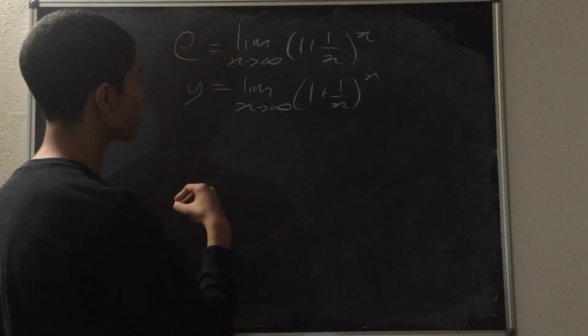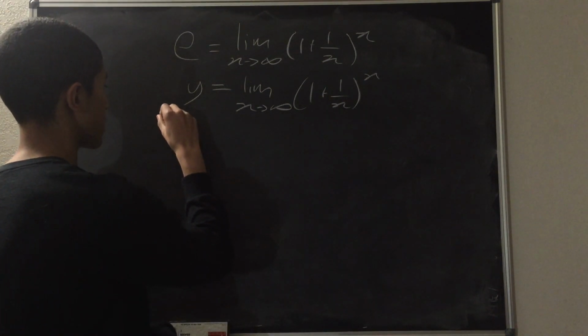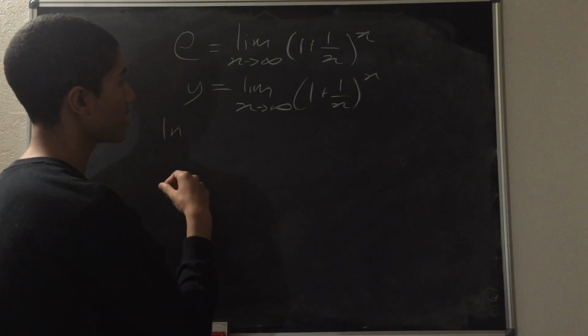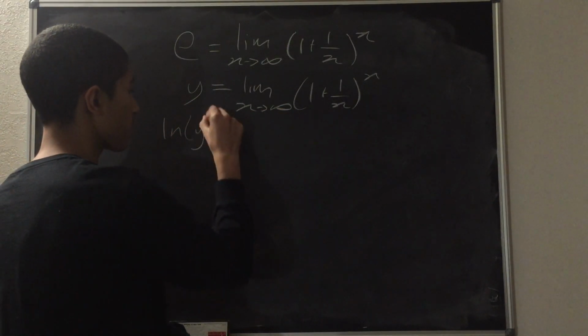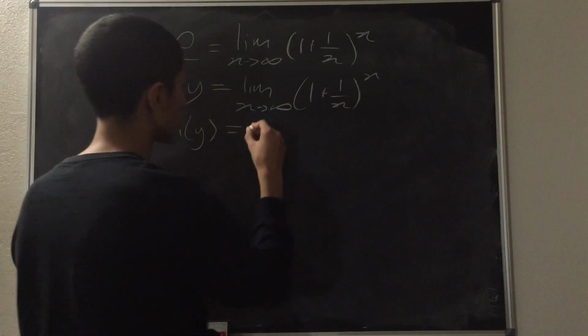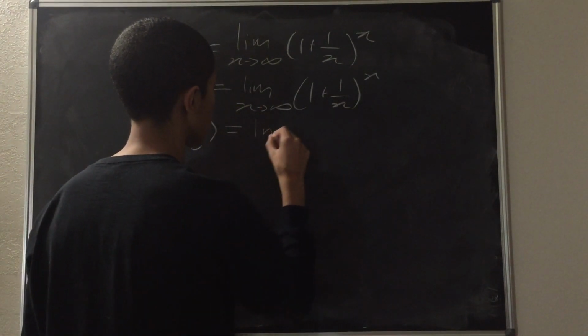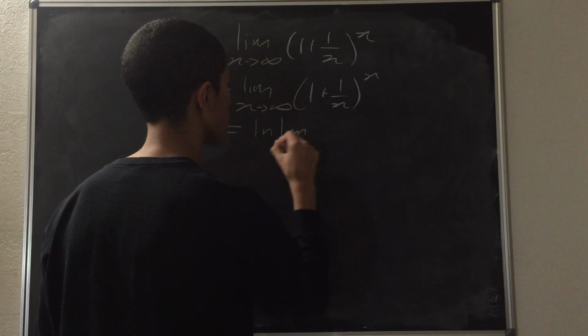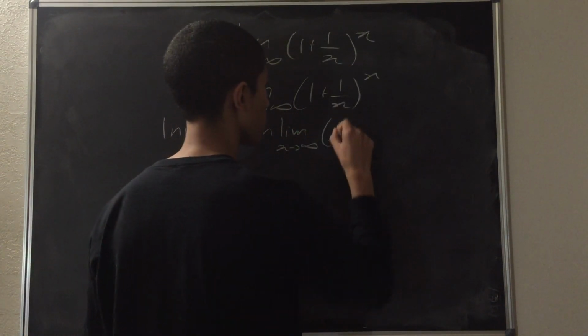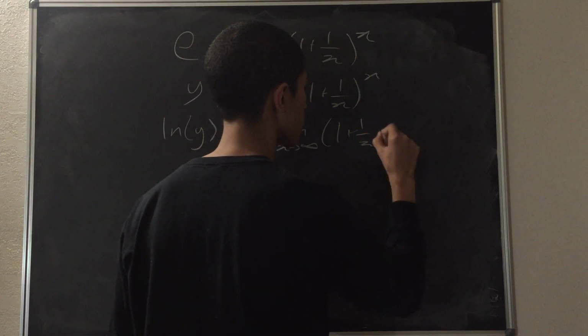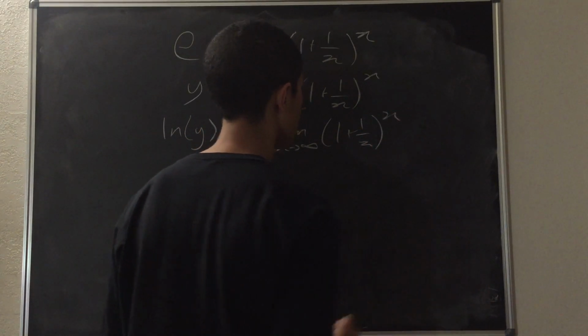So the next step that we're going to take is I'm going to take the natural log on both sides of this equation. So then I get ln of y is equal to ln of the limit x tending to infinity of (1 plus 1 divided by x) whole to the power of x.